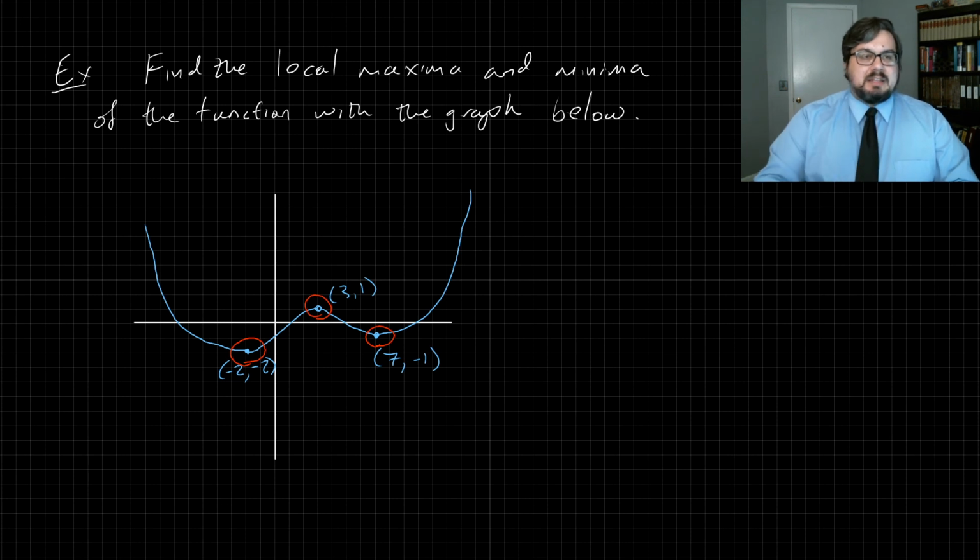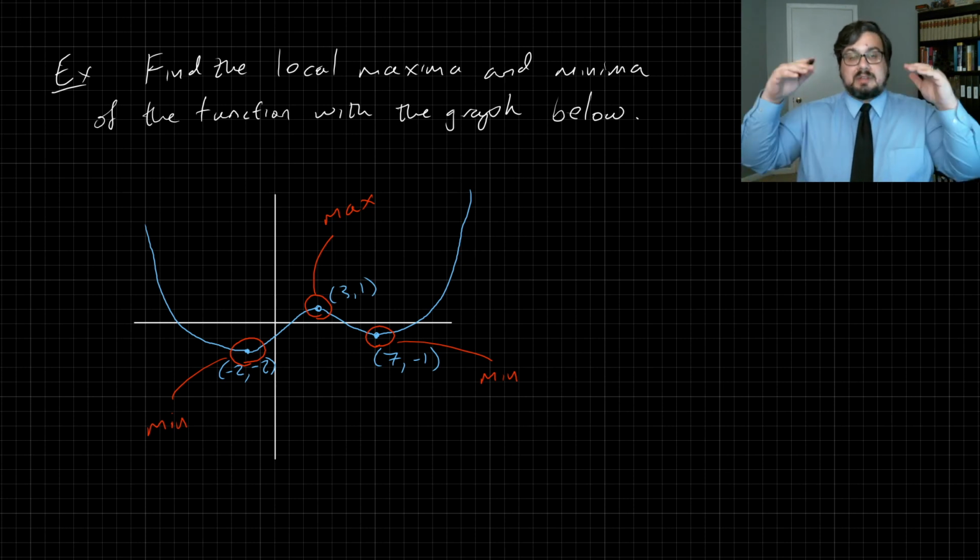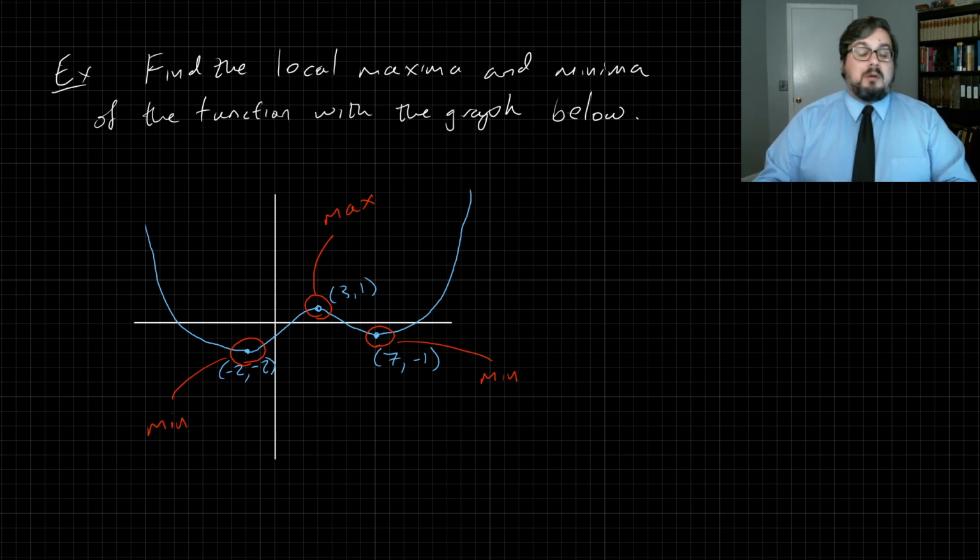For each of these, we can identify whether that point corresponds to a local maximum or minimum. The point (3, 1) is going to correspond to a maximum because it's at the highest point of its immediate vicinity. The point (-2, -2) is going to be a minimum because it's the lowest point in its immediate vicinity. And the point (7, -1) is also the lowest point in its immediate vicinity. Again, here we're looking at the y values. We're looking for points that have the smallest y value among all points in its vicinity.